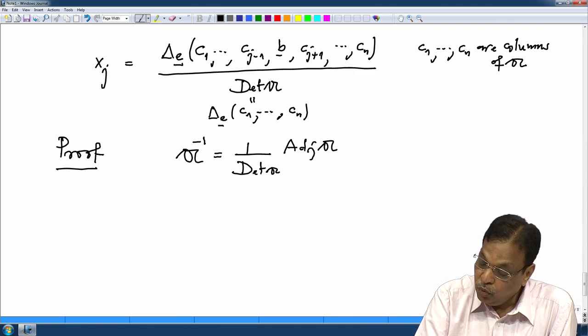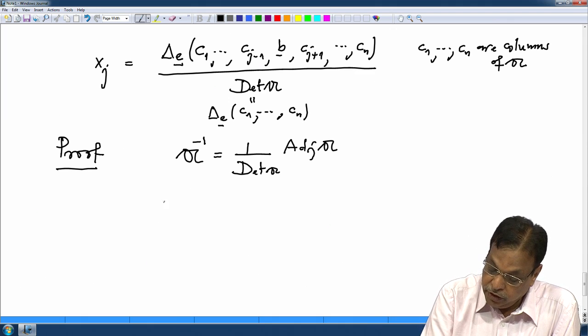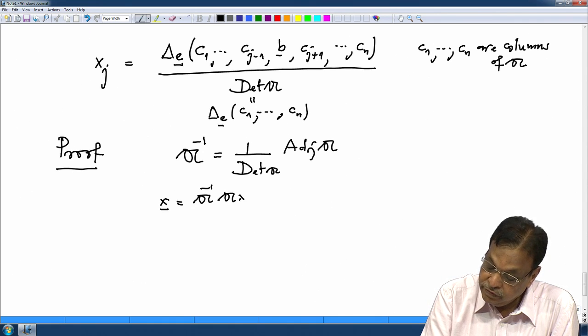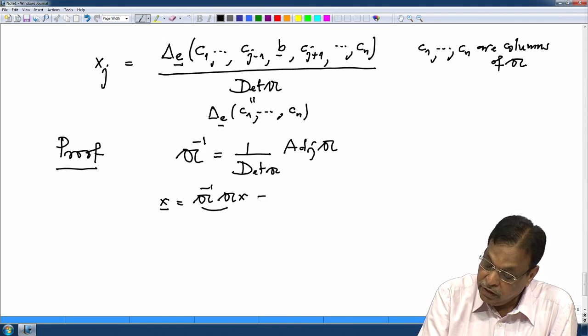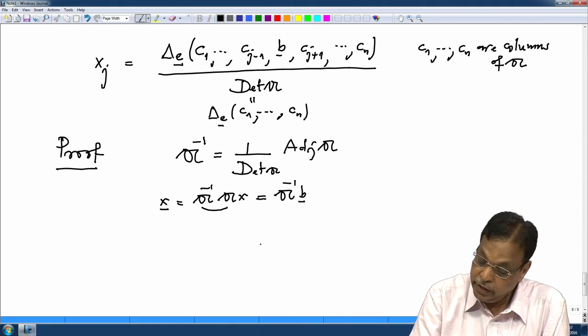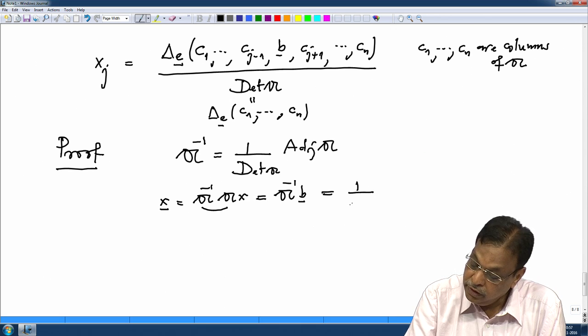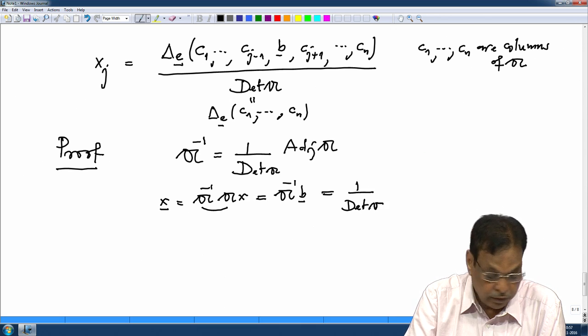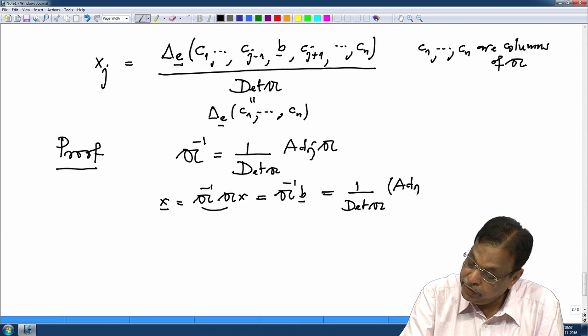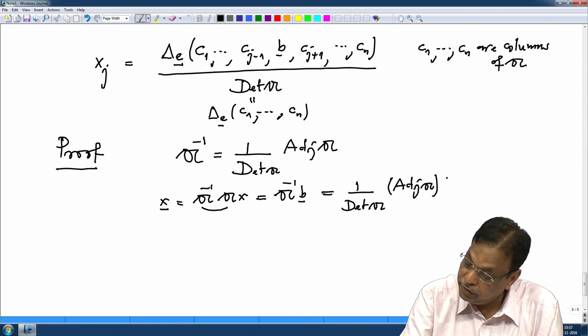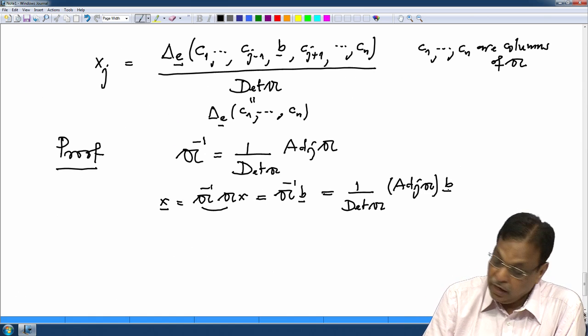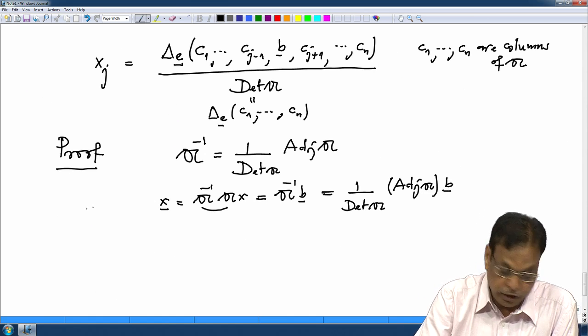Now, as I wrote earlier, the unknown vector x is nothing but A inverse of Ax, because this is identity and Ax is B. So, this is A inverse B, but A inverse is 1 over determinant times adjoint of A, and this I have to multiply by the column vector B. And now I want to compare the jth component here.